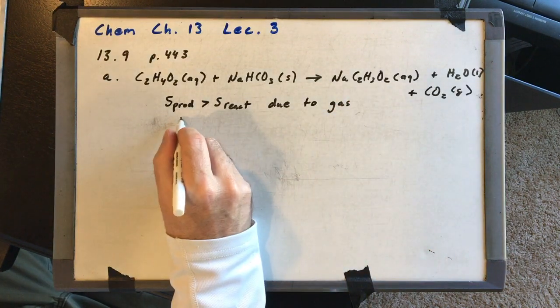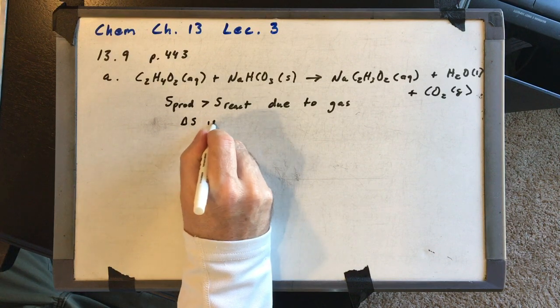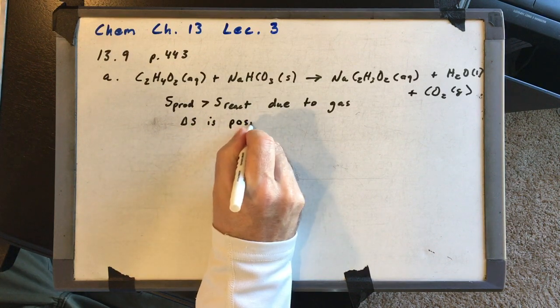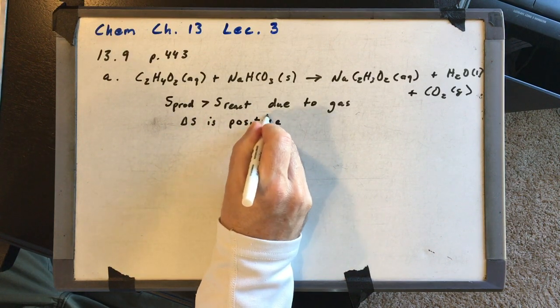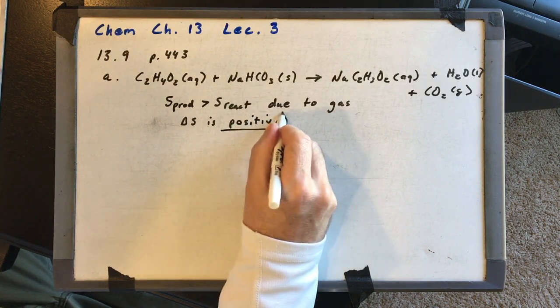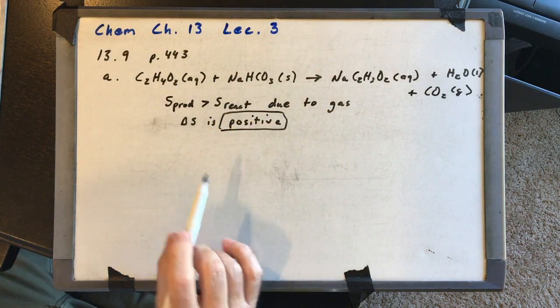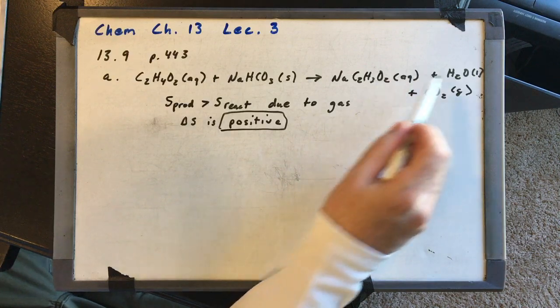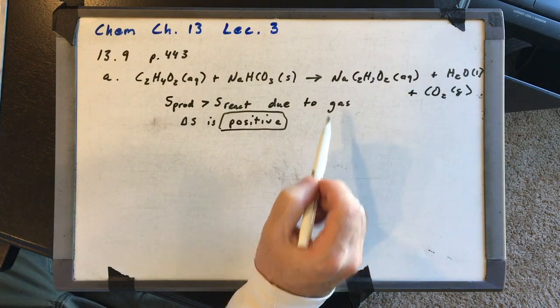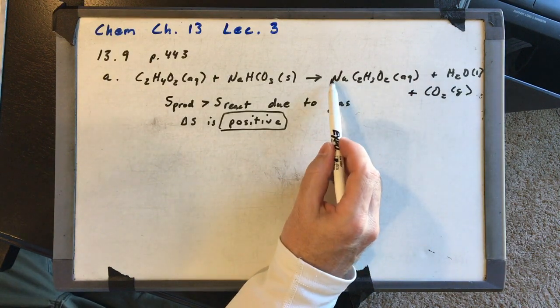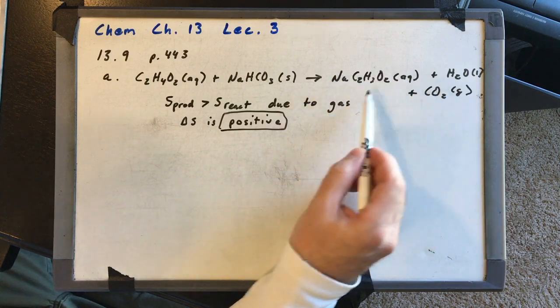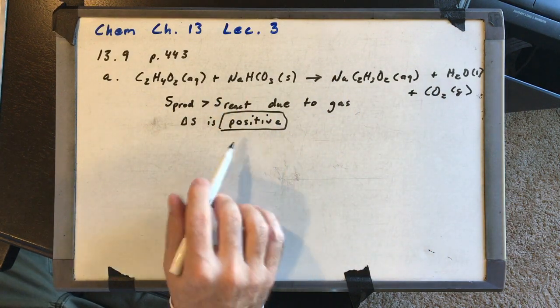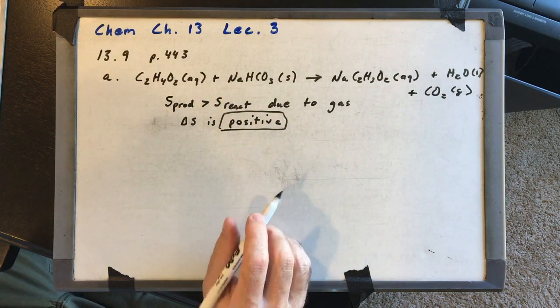Okay, so that means delta S is positive. If the right is greater than the left, and the right is the only one with a gas, it also has more moles, all right? If you add up the coefficients, you have 3 moles on the right side and 2 moles on the left. But we'll look at phases first.